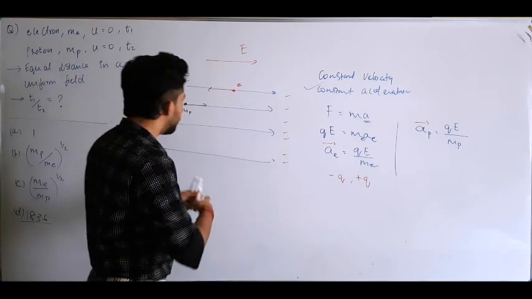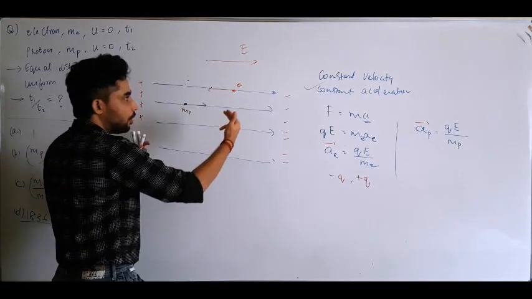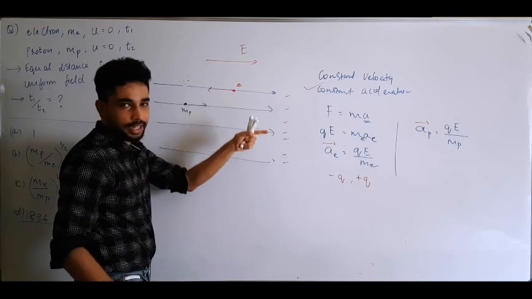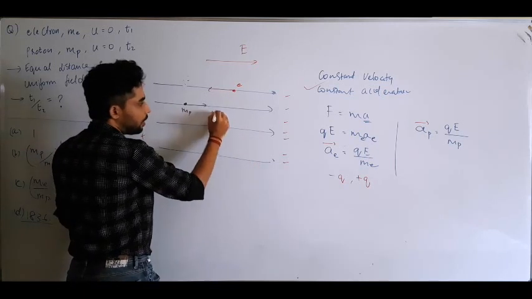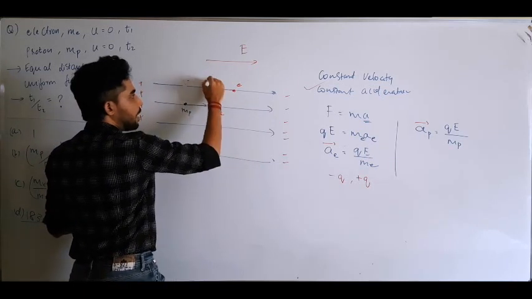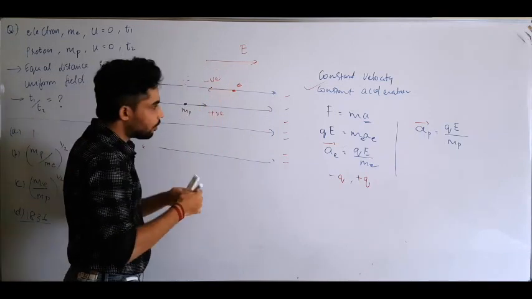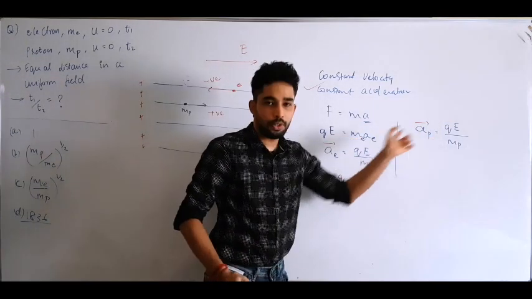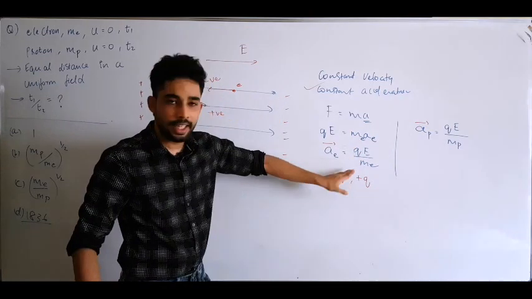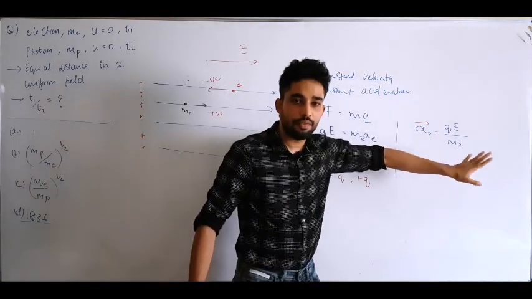So if the proton is moving in this direction, say this direction is positive, then the electron is moving in this direction, so it is negative. That negative just means they are in opposite directions. That is why I'm not putting any negative, I'm just taking the magnitude of these values.